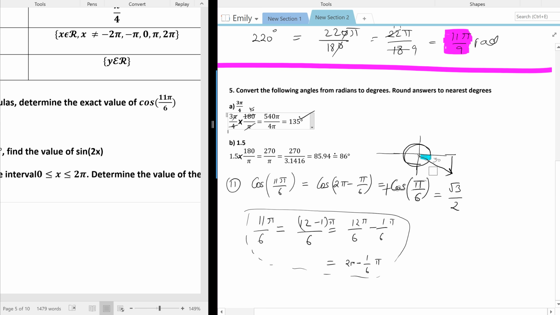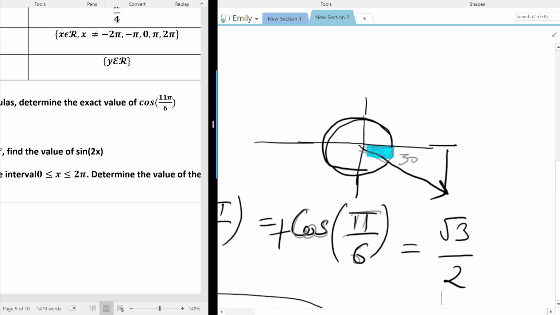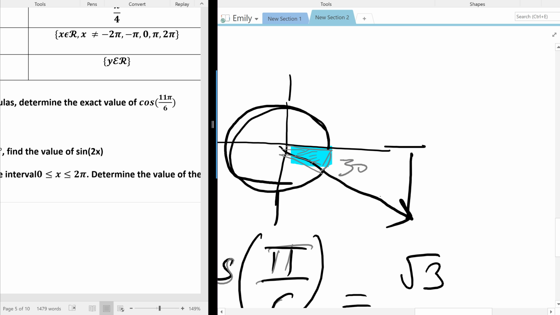And how do you know that? By the special triangle. Special triangle means this angle is going to be 60, right? And this side length, we call it 1. The largest side is the hypotenuse, which is going to be 2, and that is 90 degrees. So the adjacent is going to be square root of 3.